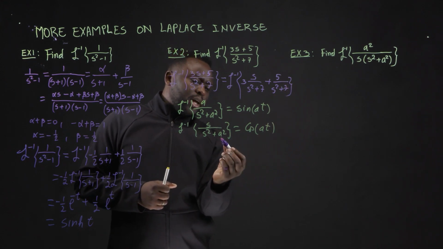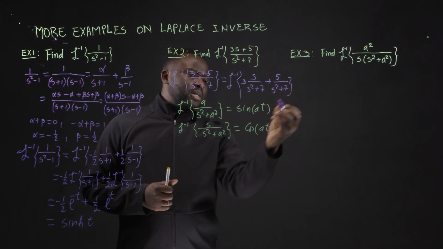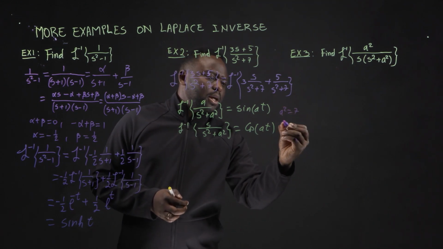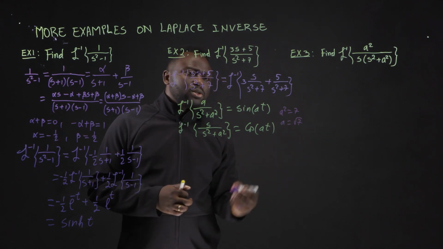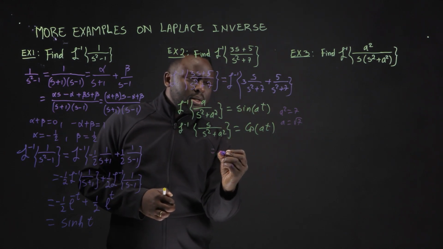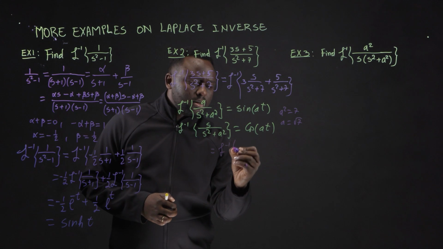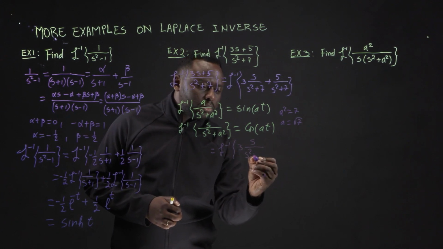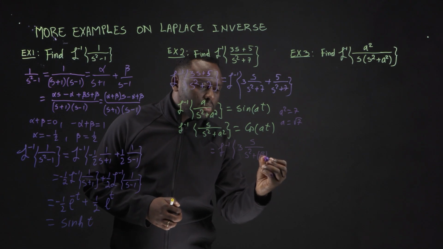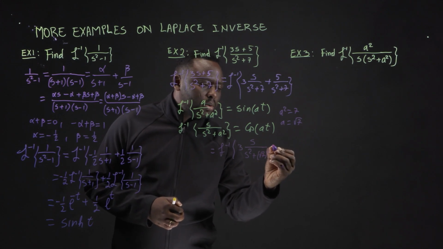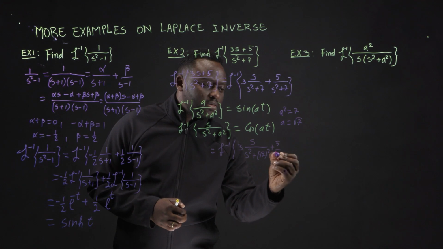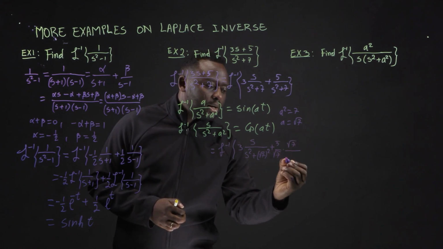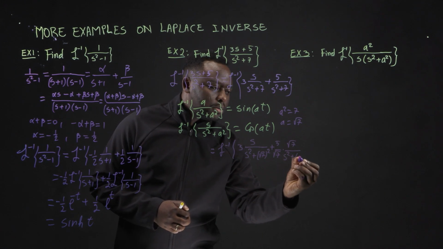So 7 is my a squared, so a is root of 7. So we can rearrange this as the Laplace inverse of 3 times s over s squared plus square root of 7 squared, plus 5 over square root of 7 multiplied by square root of 7 over s squared plus square root of 7 squared.